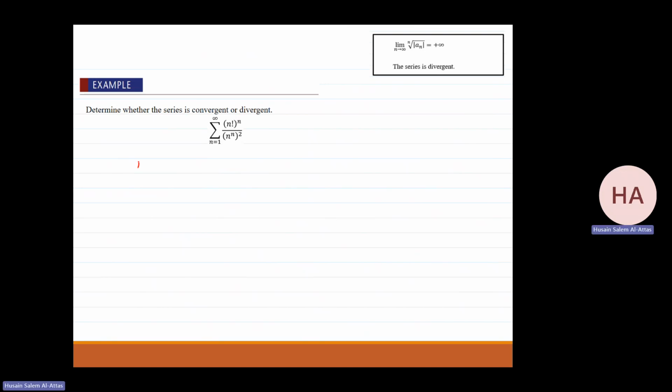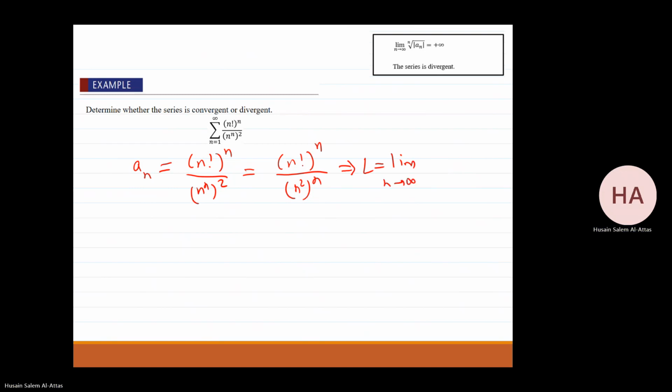Okay, let me take this. It will be (n factorial) all to the power n over n to the power n all squared. In other words, this can be written as (n factorial) all to the power n over (n squared) all to the power n. So it is L. L will be the limit as n goes to infinity of what?